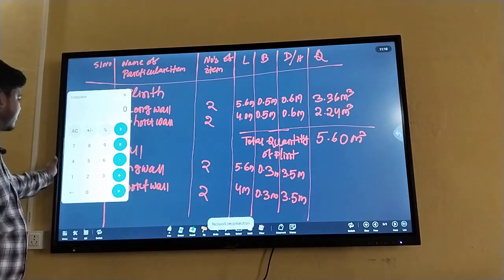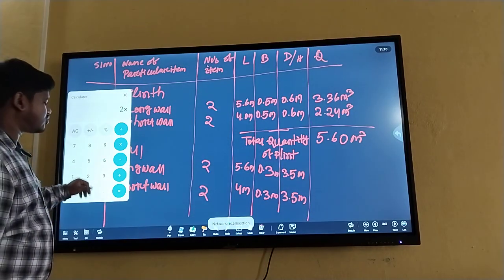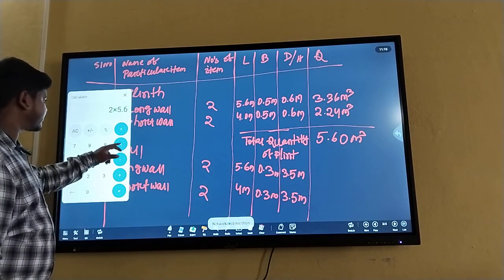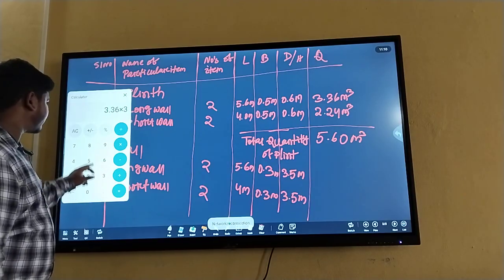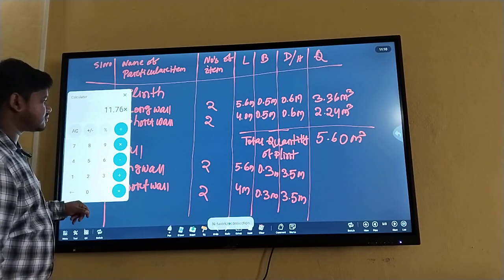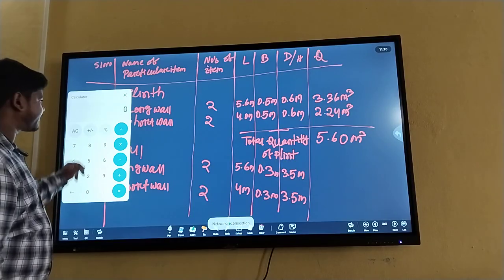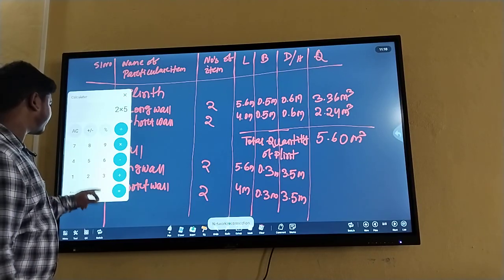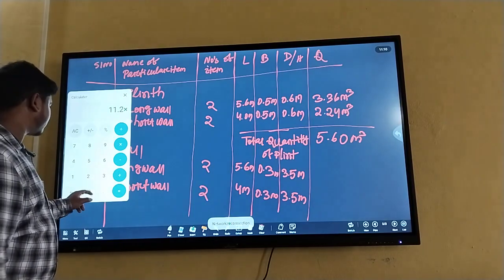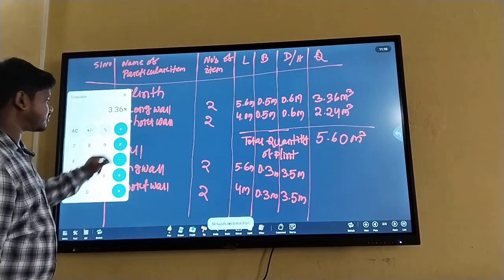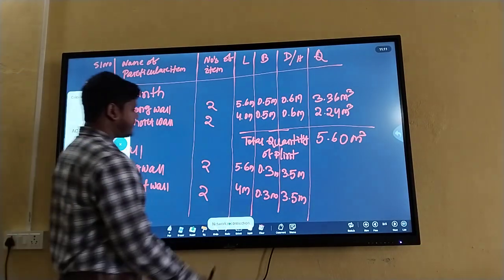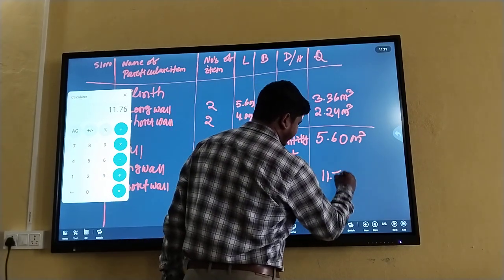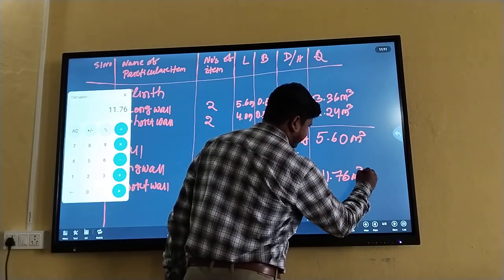Quantity of wall for long wall is 2 into 5.6 into 0.3 into 3.5 equals 11.76 meter cube.